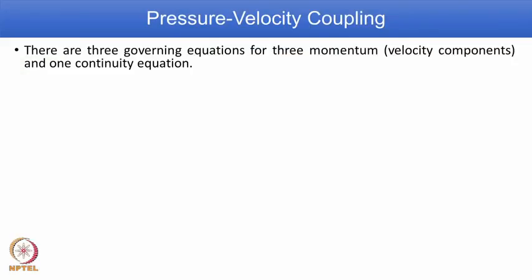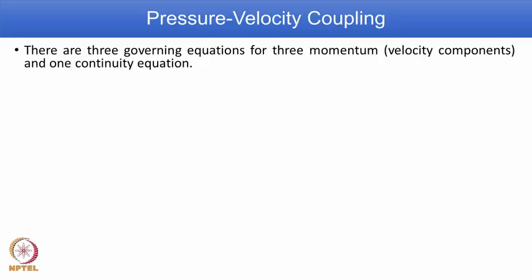We go to the next important topic, what is known as pressure velocity coupling. What is the background behind pressure velocity coupling, or what do we mean by it? By now, we know in general there are three governing equations respectively for three momentum or three velocity components, and there is one continuity equation.